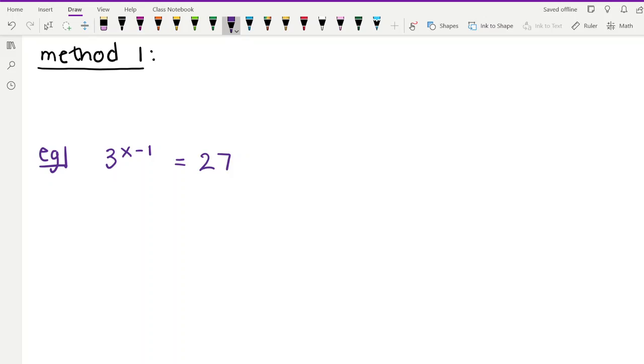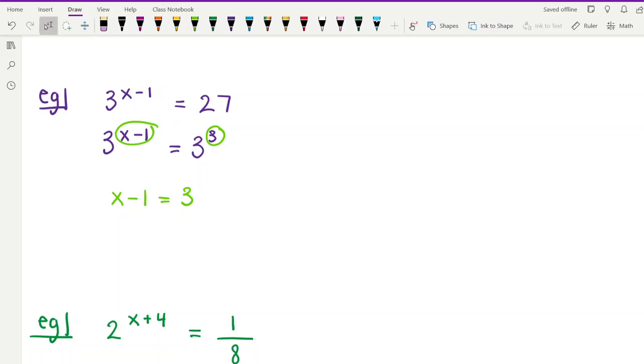So let me write that down in a slightly more stepped way. Really what we're thinking with this example is that 27, the right-hand side, can be written as 3 cubed. And so that tells us that x minus 1 must be equal to 3. Because if the left-hand side is 3 to the x minus 1 and the right-hand side is 3 cubed, then x minus 1 must be 3.